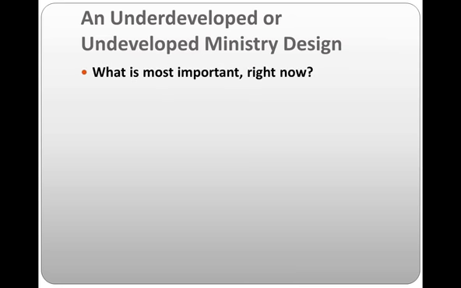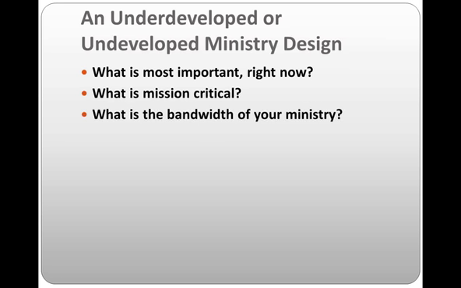As you begin this process, what is most important right now? What is mission critical? What is the bandwidth of your ministry? By that I mean your capabilities and your capacity. Let me explain that to you.